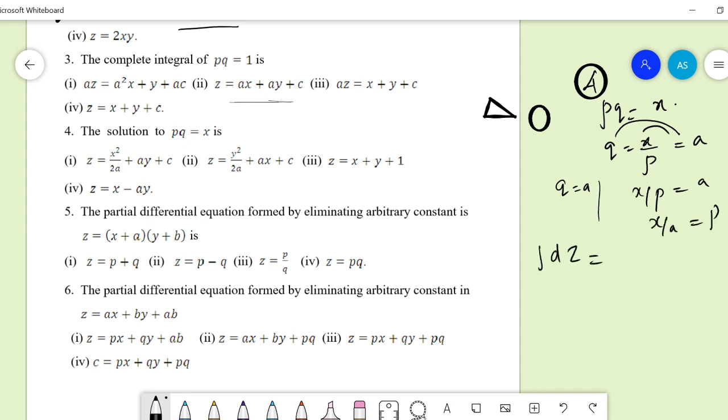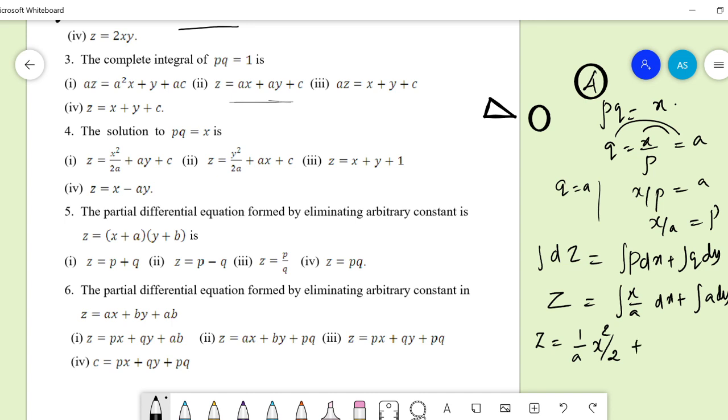Our solution is dz equals p dx plus q dy. So integral dz is z. P value is x by a, x by a dx plus q value is a dy. Now z equals 1 by a, x square by 2, plus ay plus some constant.